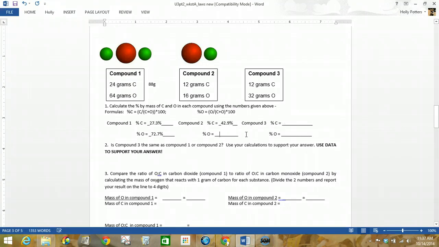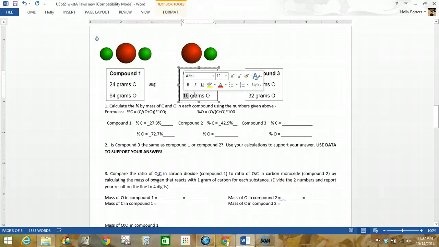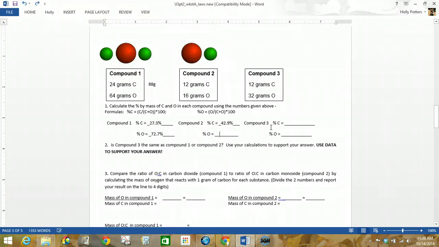And do the same thing for oxygen. So we have the 16 divided by our total mass, which is 28, and times 100, and that gives us 57.1%. And again, if I add those 2 percents up, that does add up to 100, so that checks out.